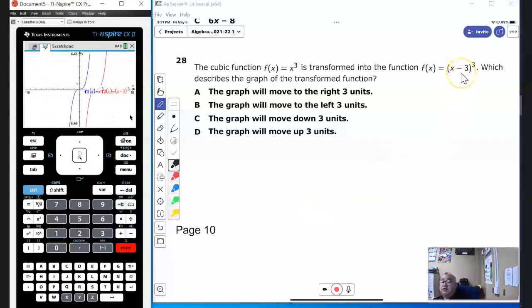So when it's minus, it's going to shift to the right. If it's plus in the parentheses, it's going to move to the left. So this minus is going to shift it to the right. So your answer is A.